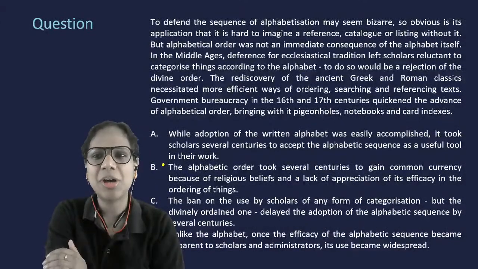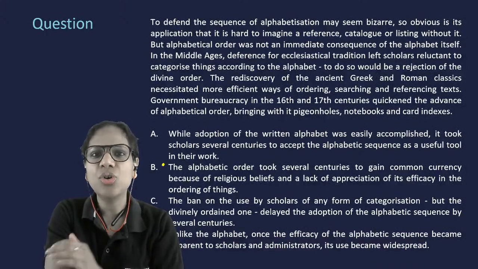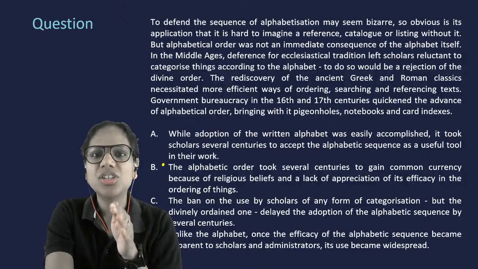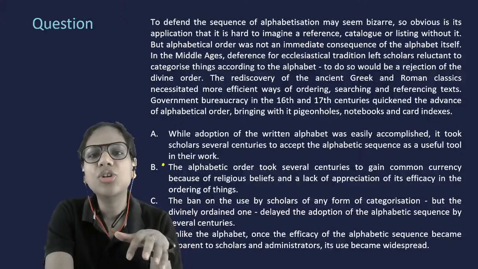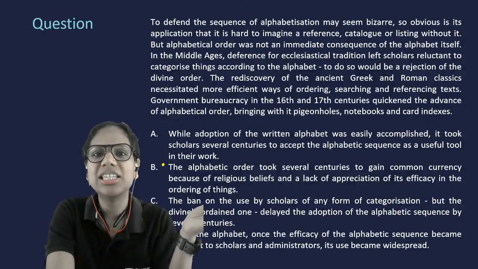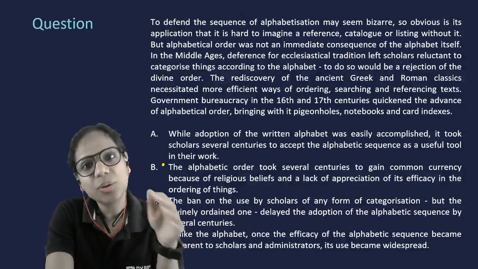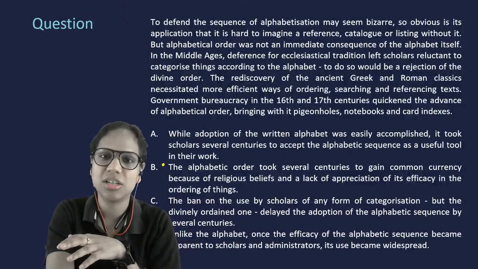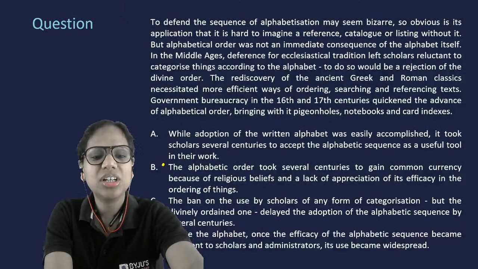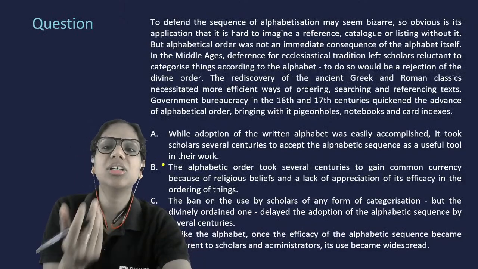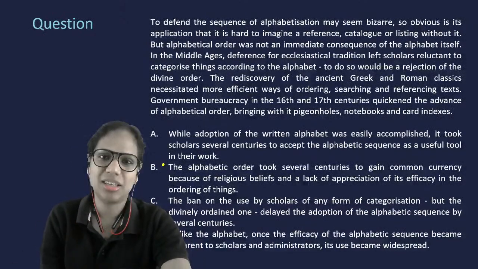But does my paragraph say that? No, right? My paragraph does not say that the alphabet's use was not adopted even after realizing its efficacy, whereas alphabetic sequence was adopted once its efficacy was realized. So D is drawing a contrast that is not even there in the paragraph.